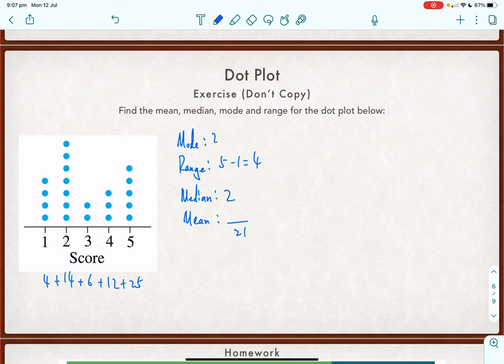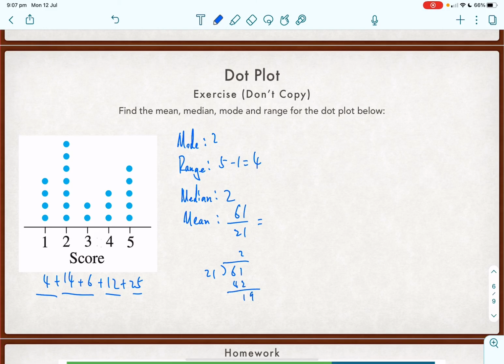Okay, now 24, 36. I add the 5 first, will be 41, plus 20 is 61. So 61. Okay, it's close to 3, slightly less than 3. So 61 divided by 21. 2. So you got 42.